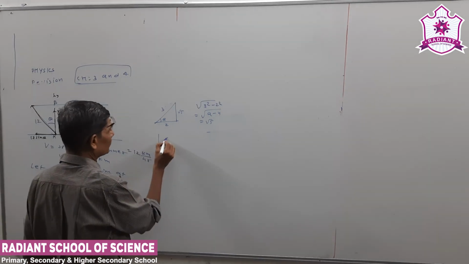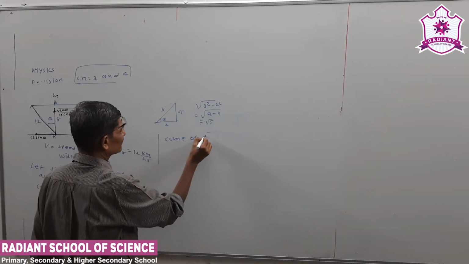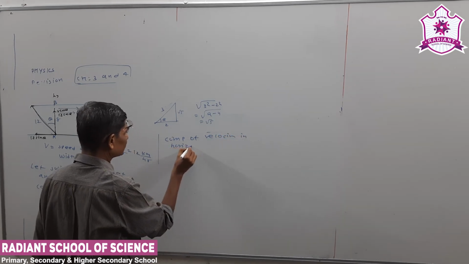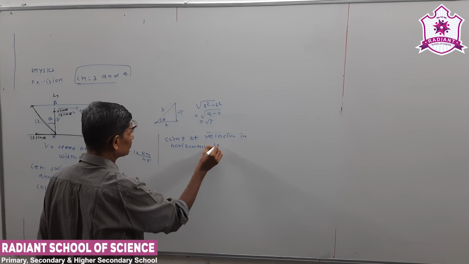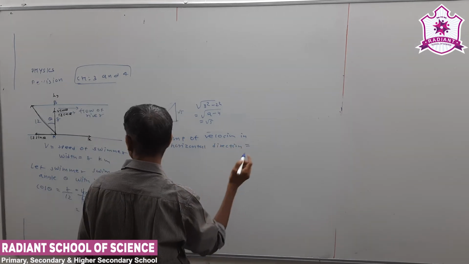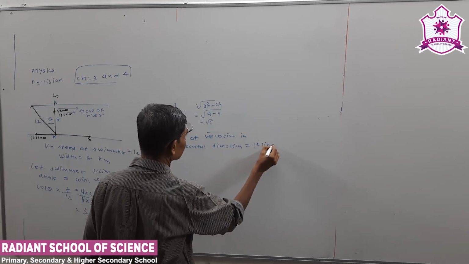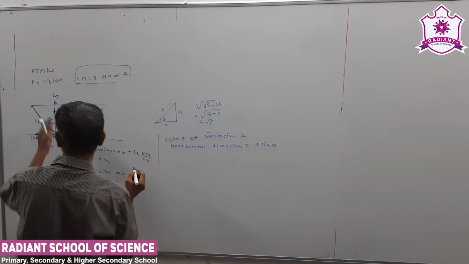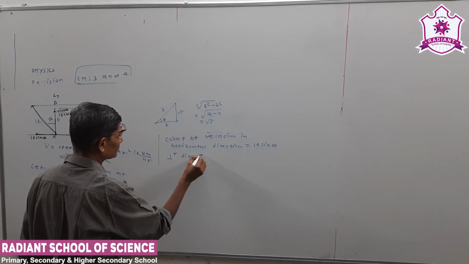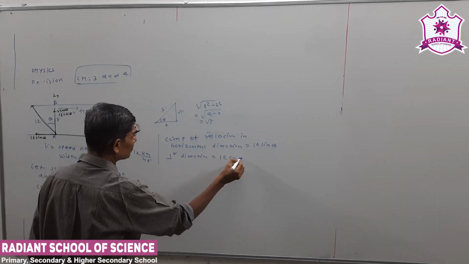So the component of velocity in the horizontal direction is 12 sin theta, and in the perpendicular direction, 12 cos theta.